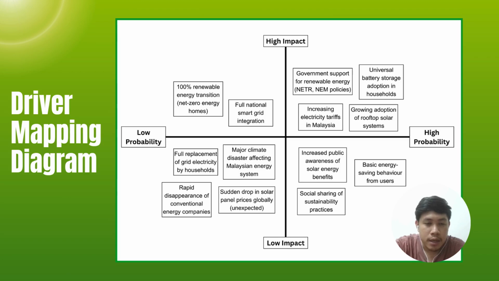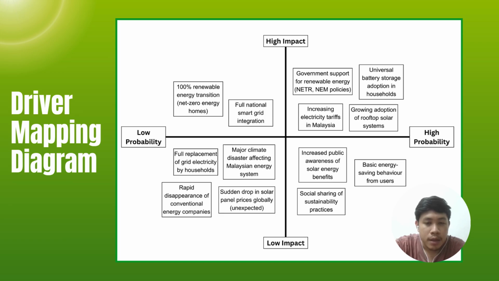So that include continuous government support for renewable energy, increasing electricity tariffs in Malaysia, and the growing adoption of rooftop solar system. Because these are virtually guaranteed trends that will heavily affect us, and they represent the core issues our application directly addresses.